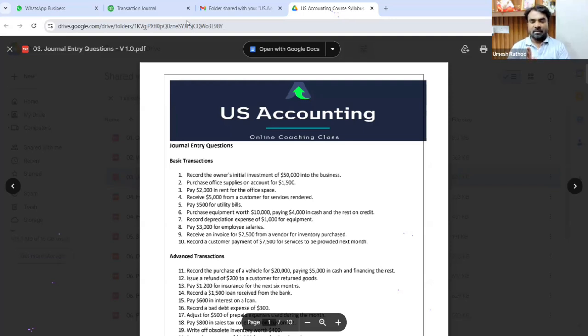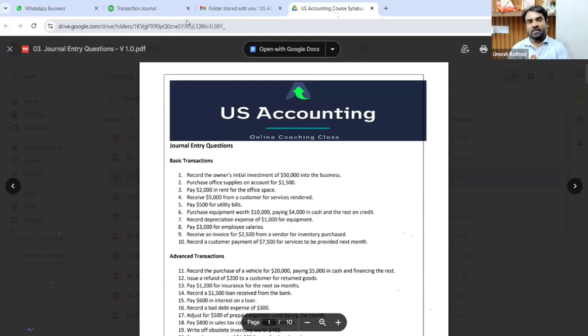When we go with a practical example, you have purchased 10 units at the rate of 10. So your inventory becomes $100, right? Now you have sold 5 units at the rate of 20.